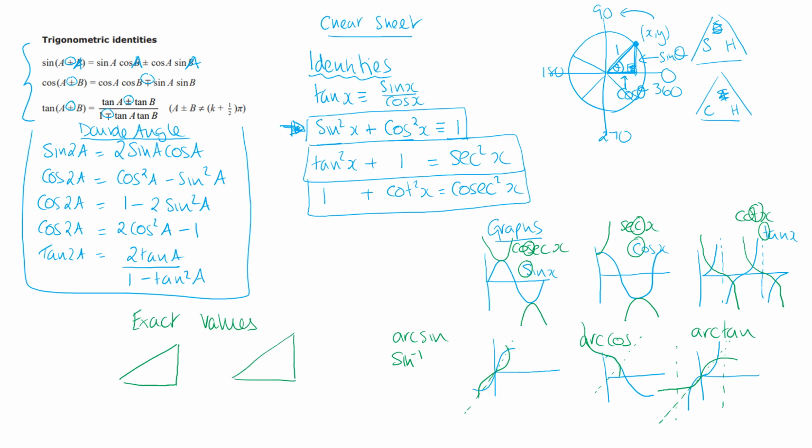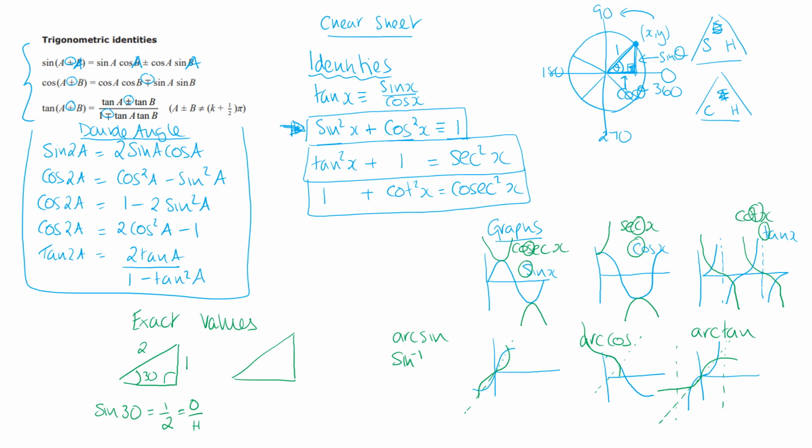So all I need to remember is that sine 30 is a half and sine is opposite over hypotenuse. So if that is 30, then the relationship between the opposite and the hypotenuse has to be in the ratio of a half. So if the opposite is 1, the hypotenuse would be 2.